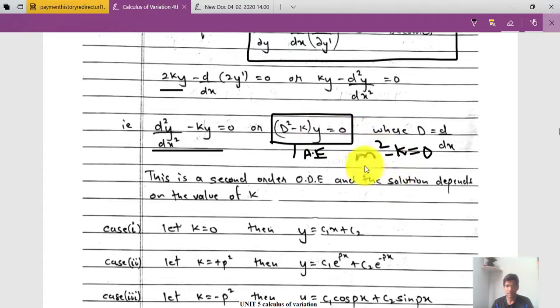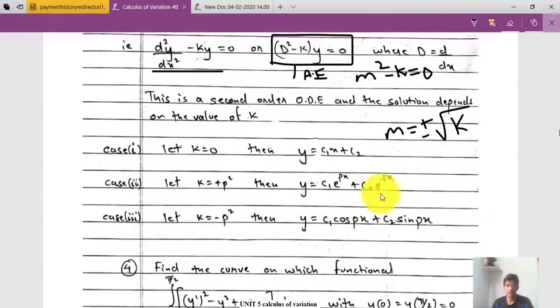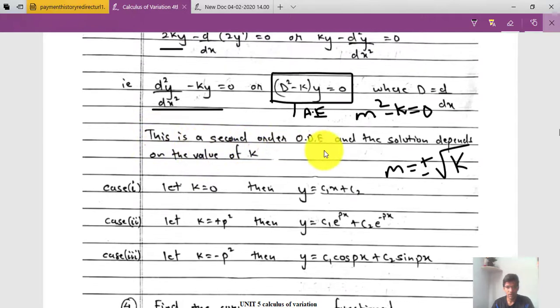In fact, I can write m is equal to plus or minus square root of k. So this is a second order differential equation, and the solution depends upon the value of k. There arise only three cases: the roots are real and distinct, or repeated, or imaginary.